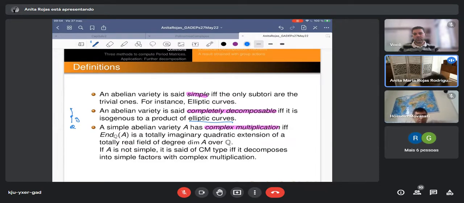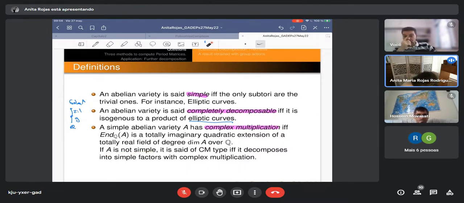Every embedding lives in the reals. And then you have a 2 here, and you have the endomorphism algebra of the variety, which is also called a CM field. So that is the definition of complex multiplication for a simple abelian variety.